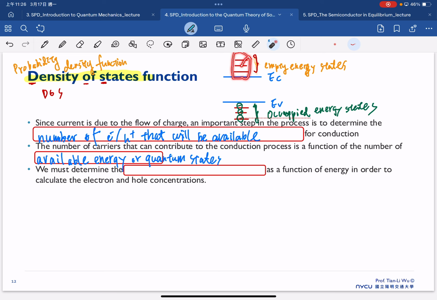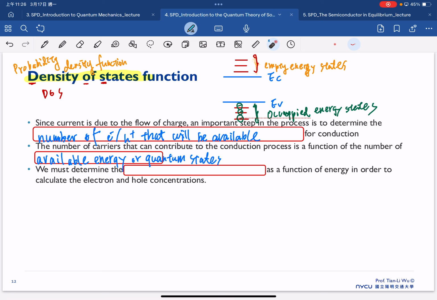So the question evolves to the next level: to determine how many electrons and holes, first we need to understand how many quantum states, how many energy states are available. So that's actually our question. The number of carriers that can contribute to the conduction process is mainly determined by the available energy of a quantum state.